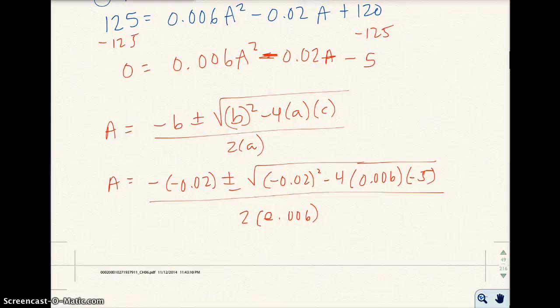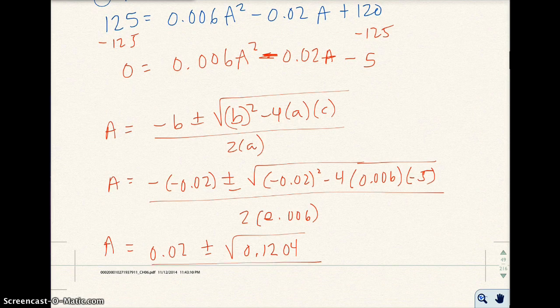I get negative 0.02 squared minus 4 times 0.006 times negative 5. Under the square root, I get this. So it's 0.02 plus or minus the square root of 0.1204, all over 2 times 0.006, which is 0.012.